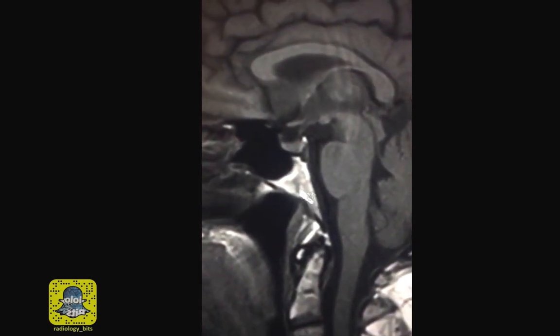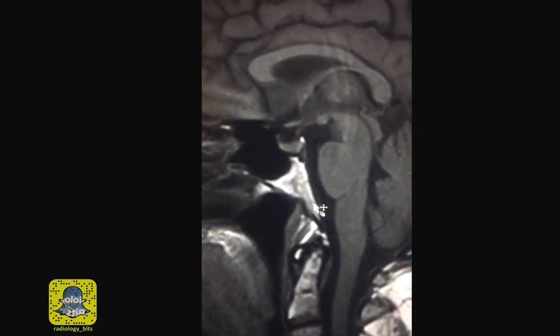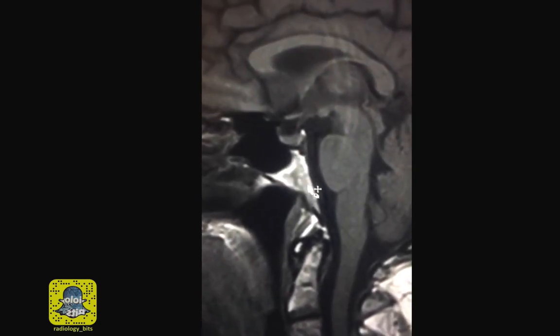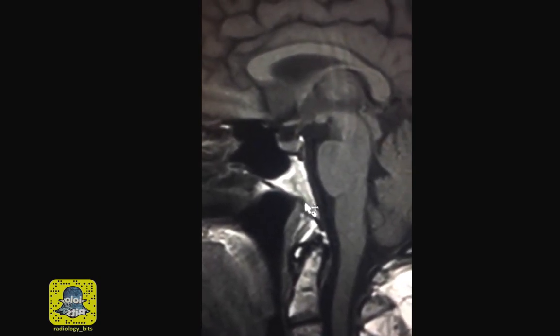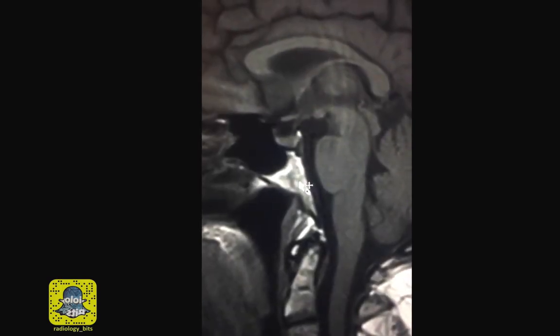What's peculiar about the clivus is that it's typically a very fatty and bright bone on T1 in adults. So always keep the clivus as one of your checklist points when looking at brain MRIs to make sure that there is no bone marrow infiltration. As you see here, the clivus is heterogeneously dark in some areas, so there is replacement.